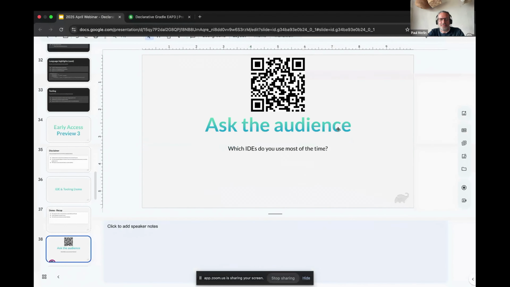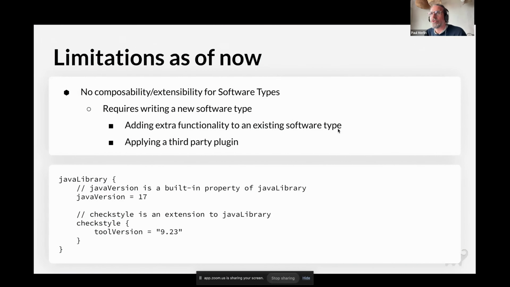All right, thank you. So there are, of course, some limitations with that EAP3. The main one, it's like the elephant in the room, pun intended, that there's no composability or extensibility for software types. What does that mean? It means that you have an example of what it could look like if we had composability, extensibility.